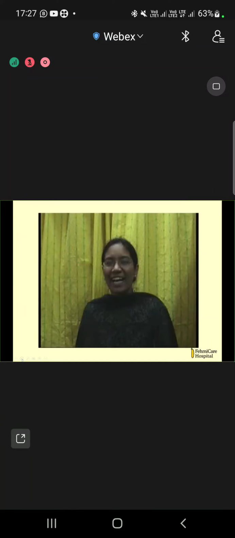After 5 years, I removed the Mirena, did a hysteroscopy, and reinserted the Mirena. Then 10 years over, luckily she got married, and this time she wanted a third Mirena. I said, I don't have experience of inserting Mirena for the third time.